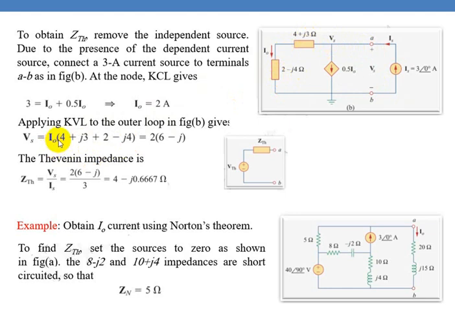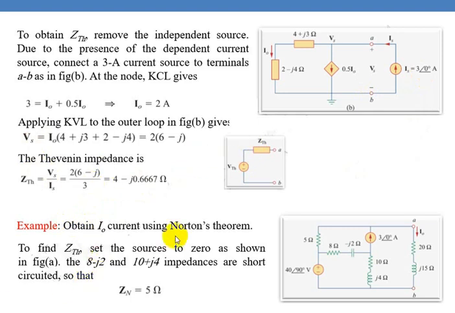If you take I0 common, you have to add all the resistances and reactances in this part. So you are going to travel like this. This comes to around 2 into (6 minus j). So the Thevenin impedance is Vs by Is. You divide Vs by Is and you will get this value. You can even assume 1 ampere current. So now with this Thevenin impedance and Thevenin voltage, you can draw the equivalent circuit.